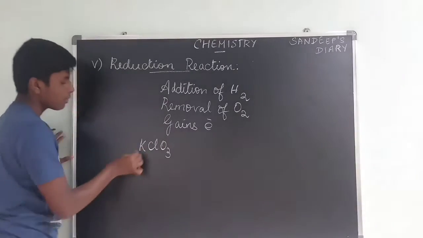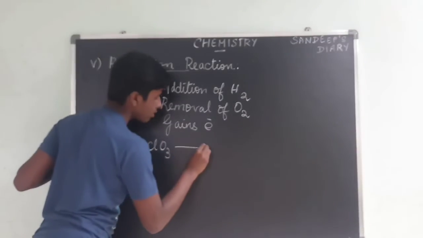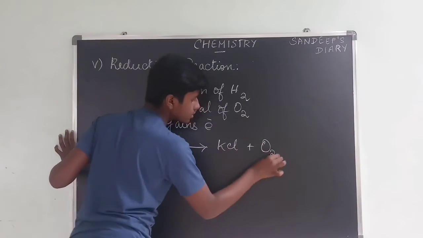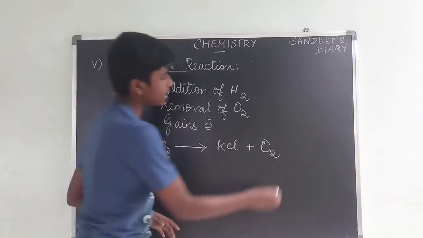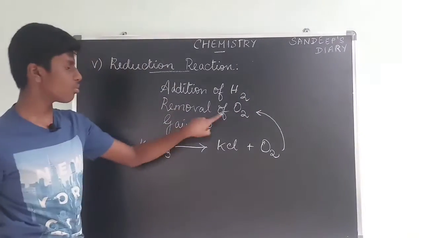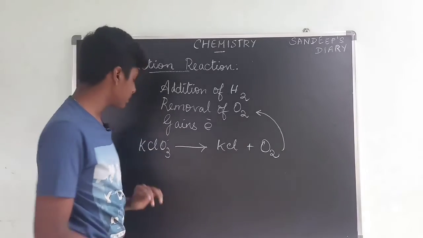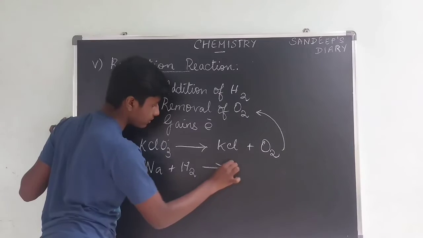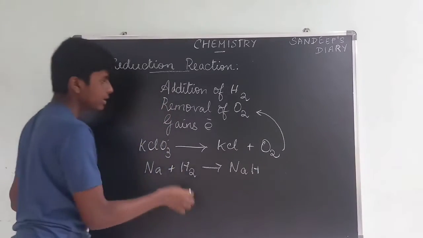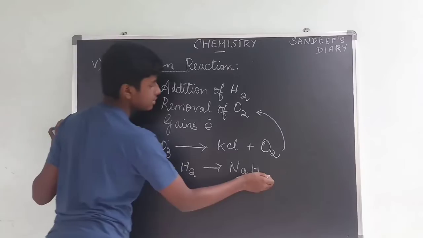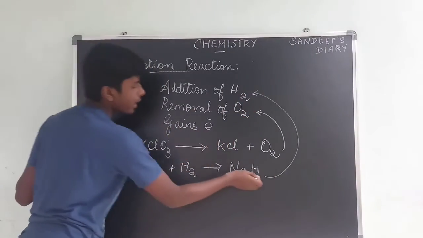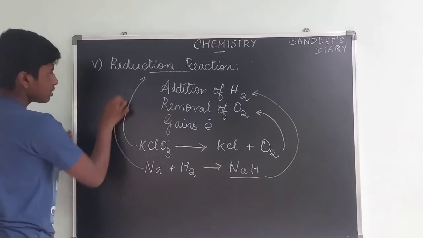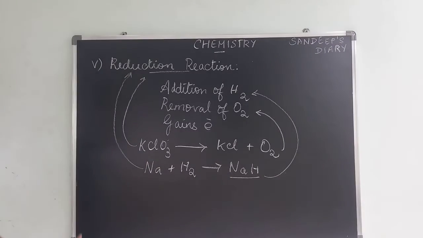KClO3, that is potassium chlorate, produces KCl, that is potassium chloride, plus oxygen. Here it satisfies the second condition. There is a removal of oxygen. Similarly, Na plus H2, sodium plus hydrogen gives NaH. Here it satisfies the first condition. There is addition of hydrogen to the substance. So this is also a reduction reaction.